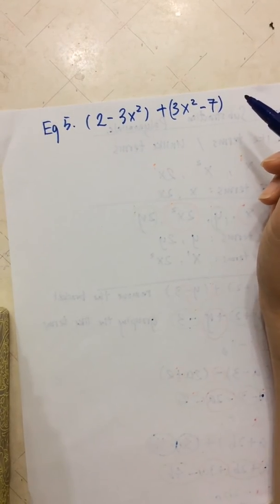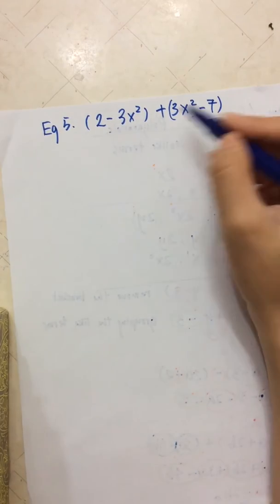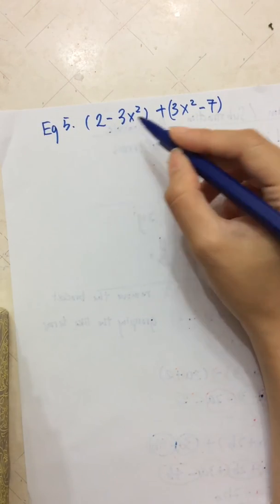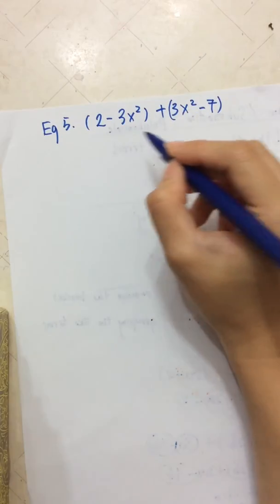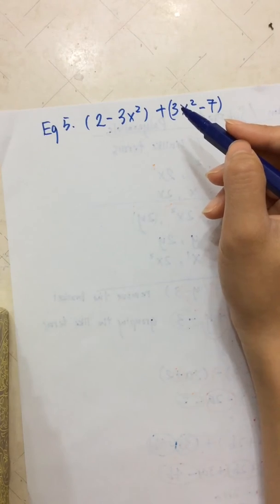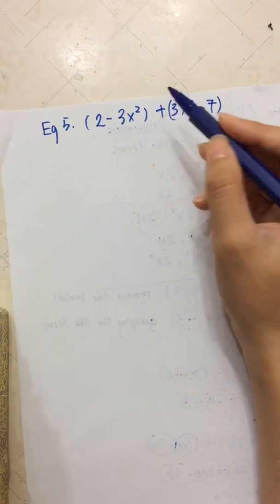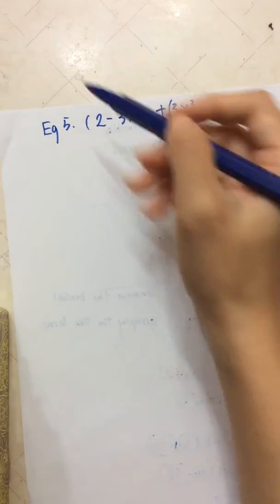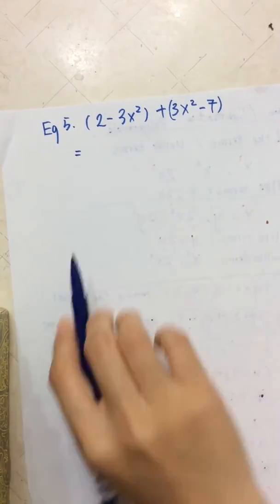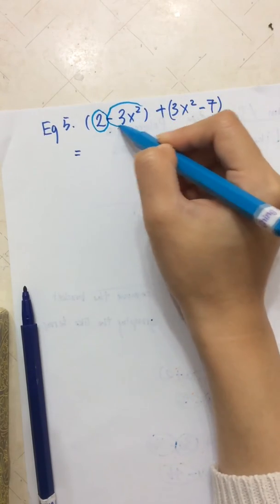Okay, for here you see the structure of the calculation will become more difficult, but if you remember the rules, it's easy. Okay, let's start. This one, you need to remove the bracket first. You can circle the different terms.